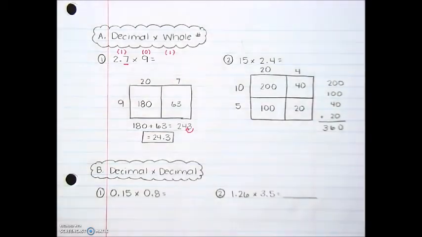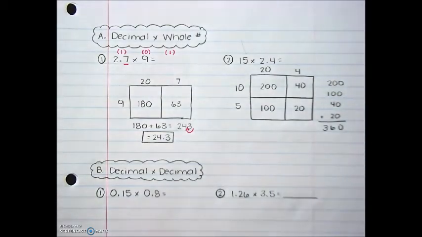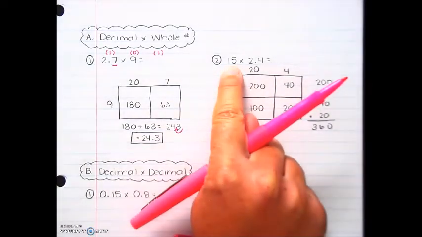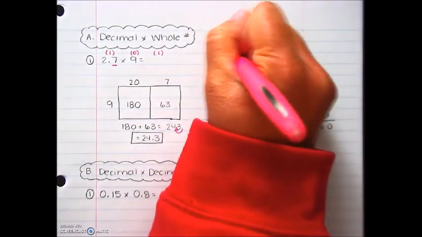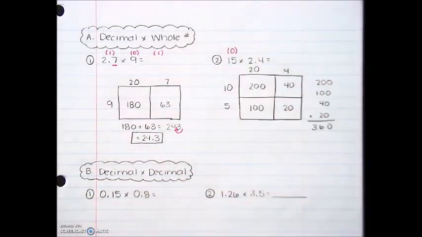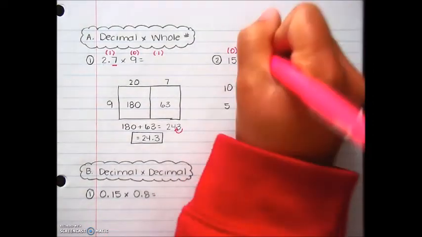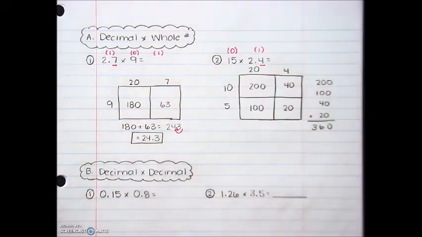which gives me 360. Now I need to go back and figure out where the decimal point belongs. So in my first factor, 15, I have no digits after the decimal point. In my second factor of 2 and 4/10, I have one digit after the decimal point.